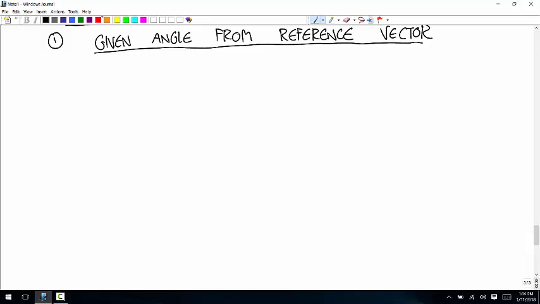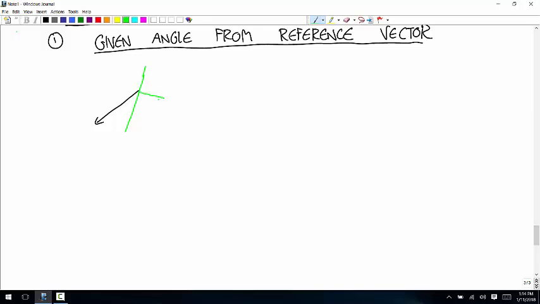For example, let's say that your vector makes an angle.